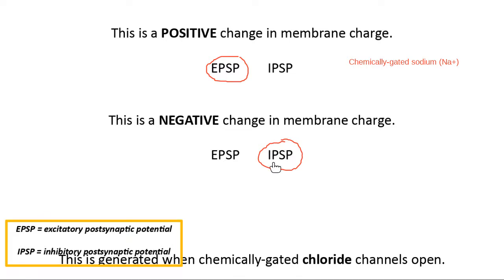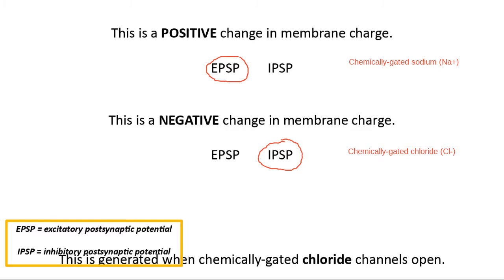When we're talking about inhibitory postsynaptic potentials, which kinds of chemically gated channels lead to those? Perfect. Yep, we're typing. I'll type with you. If I want my membrane charge to get more negative, there's two ways to do that.